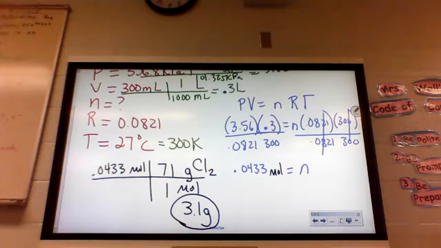Now, for those of you who are struggling or know you're going to struggle on the gas laws, you need to be able to work anything in 4 to 7 and 12 to 15 using that law. Avogadro's principle is number 1.